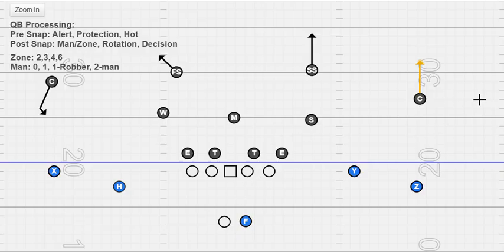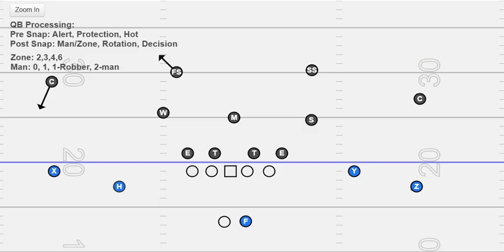A lot of times they're trying to bait quarterbacks to throw the down and out or things over to the field where this guy can make plays. So there's lots of different reasons why they might play cover six, but it's a good mixer, right? It's half the field is cover two and half the field is cover four. Okay, so that's the zone coverage.